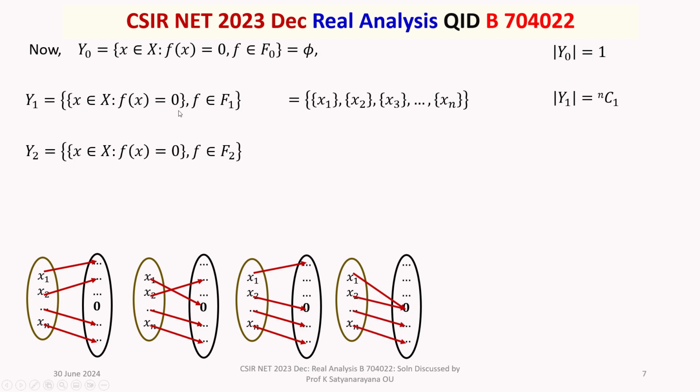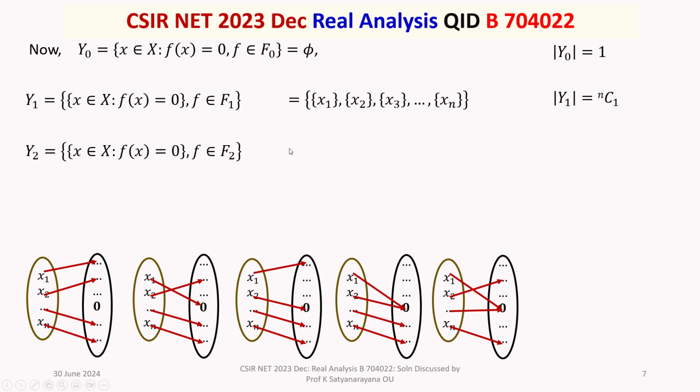So what do you get? You will get a doubleton subset {x1, x2}. This is for some functions of F2. For some other functions, it can be {x1, x3}, two elements, and the remaining elements elsewhere.